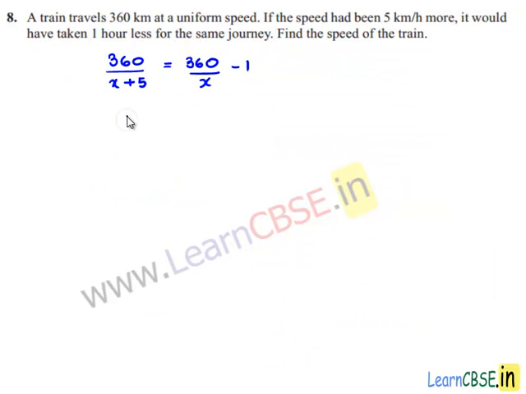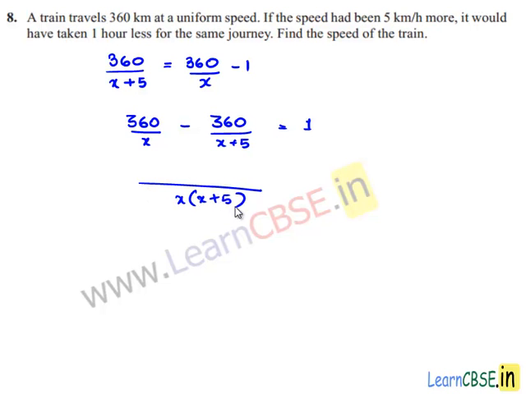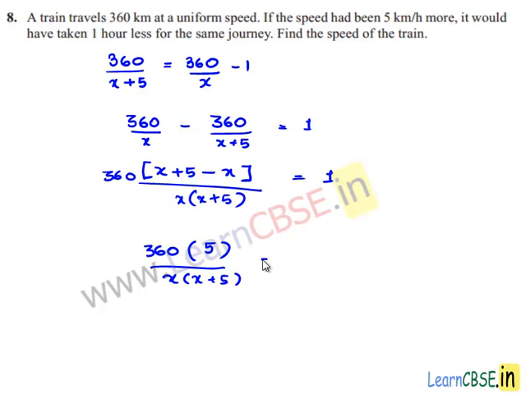So we can write 360 by x minus 360 divided by x plus 5 is equal to 1. So the LCM will be x times of x plus 5. Here 360 can be taken common. So here x plus 5 and here minus x is equal to 1. So 360 times of 5 divided by x times of x plus 5 is equal to 1.